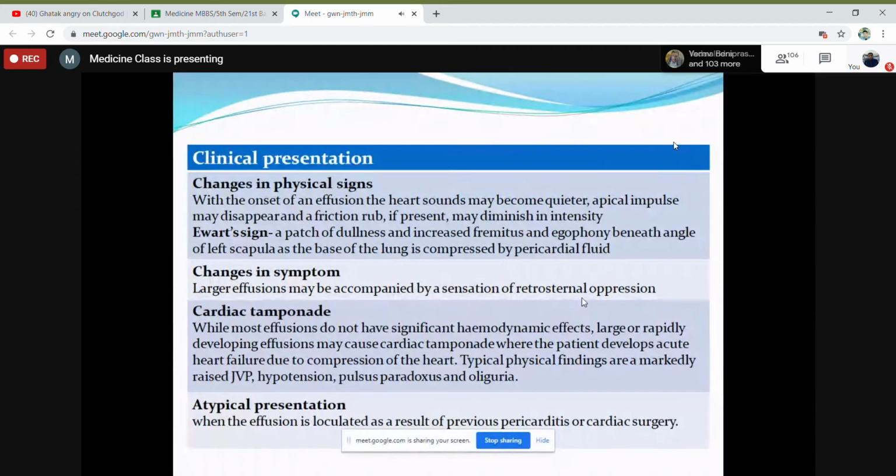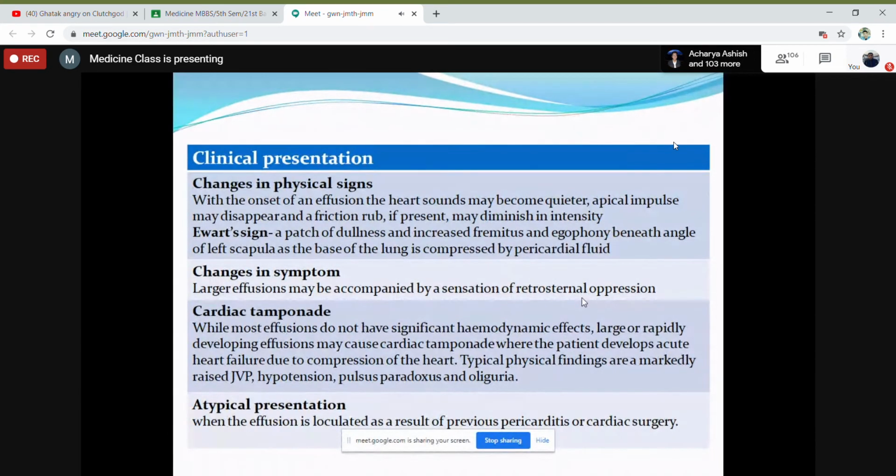And there can be changes in the symptoms as well, because the patient will have sensation of retrosternal oppression, a constriction-like feeling, and cardiac tamponade can also be there. So what is it then? While most effusions do not have any significant hemodynamic effect, a large and rapidly developing effusion may cause cardiac tamponade, where the patient develops acute heart failure due to compression of the heart.